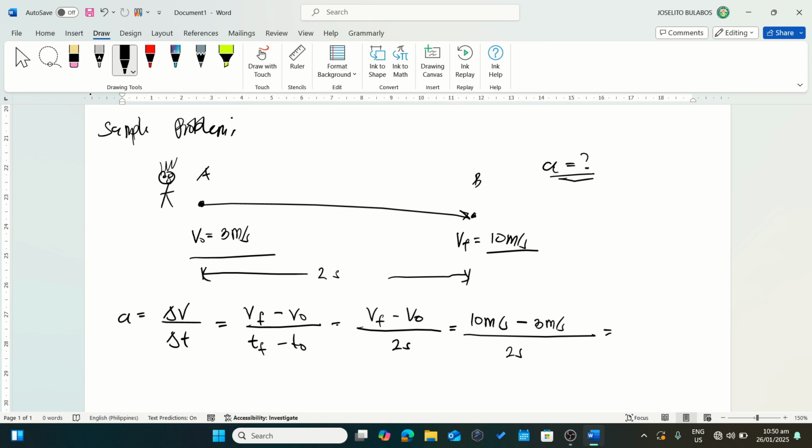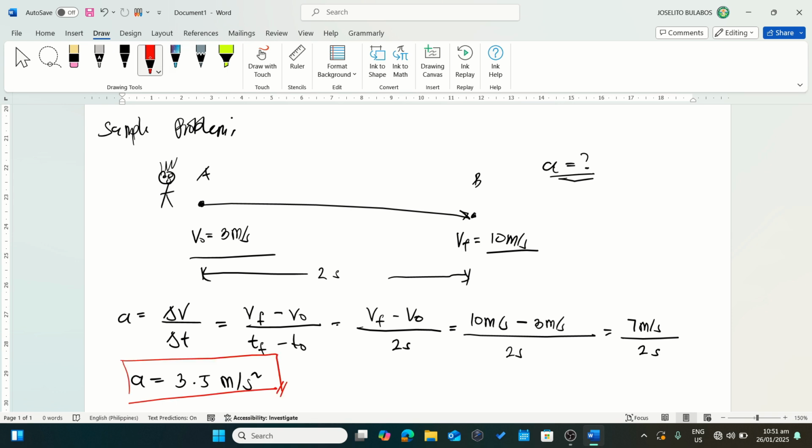So 10 meters per second minus 3 meters per second, we end up with 7 meters per second divided by 2 seconds. And so the acceleration is 3.5 meters per second squared.